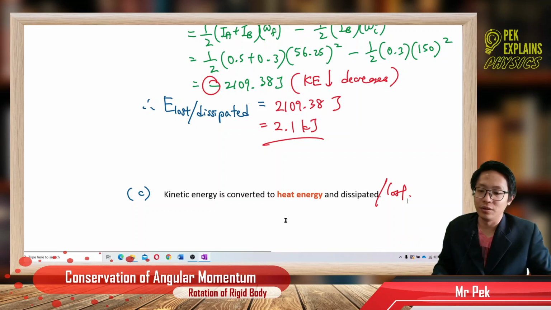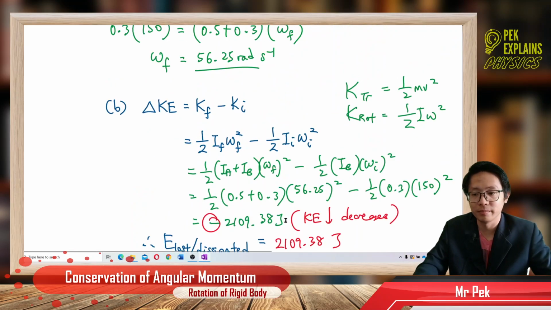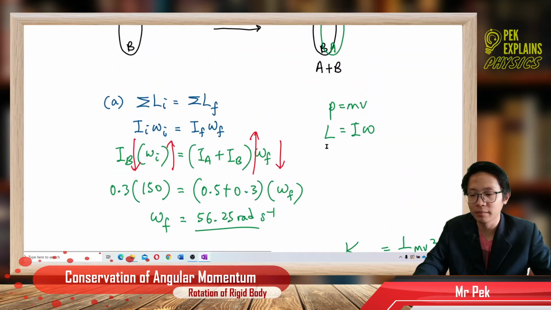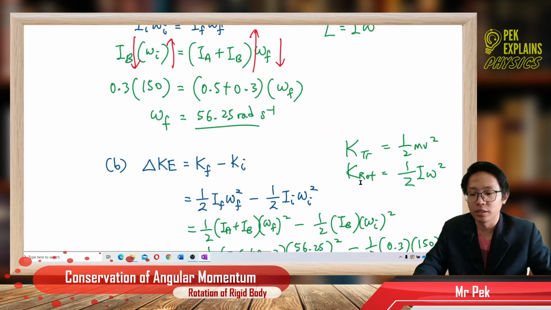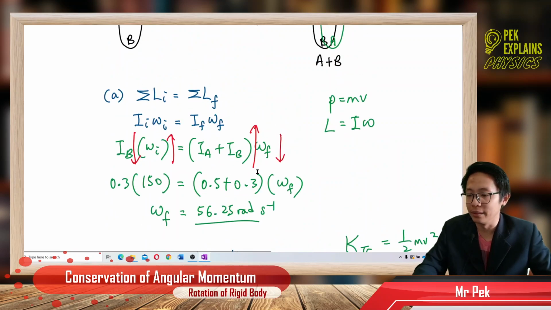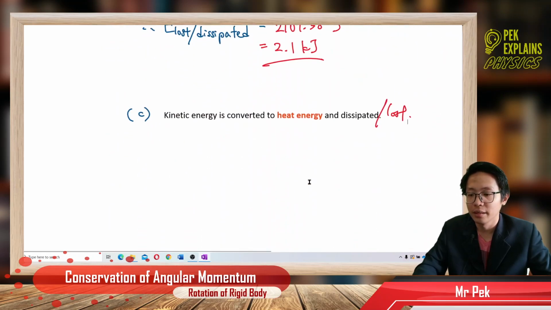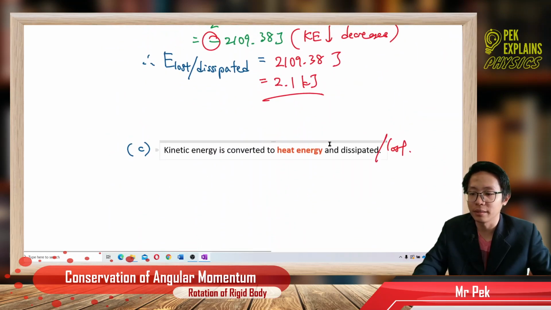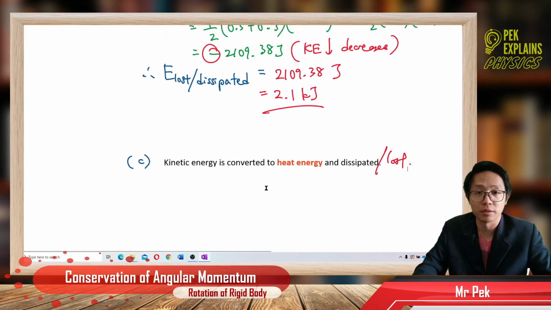For conservation of angular momentum, the momentum is I omega, and rotational kinetic energy is half I omega squared. When the moment of inertia increases, omega will decrease based on the conservation of angular momentum. And when something decreases, mostly it's because it converts to another form of energy, which is heat.